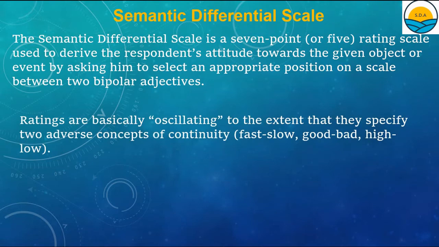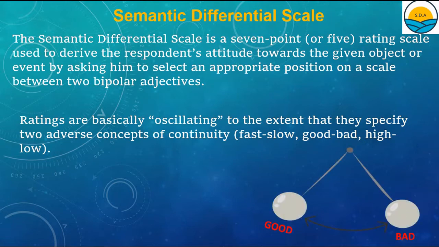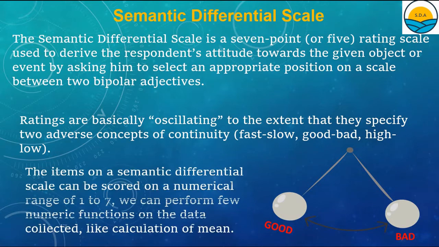In semantic differential scale, the ratings are basically oscillating between two bipolar adjectives or totally adverse concepts. For instance, fast and slow, good and bad, high and low, etc. And the items on semantic differential scale can be scored on a numeric range between 1 to 7.